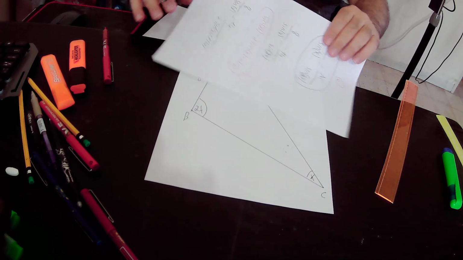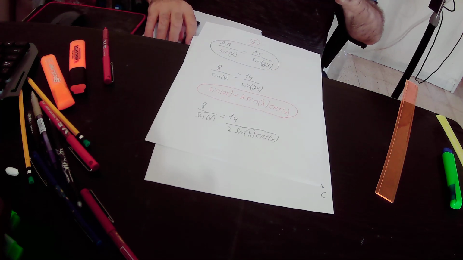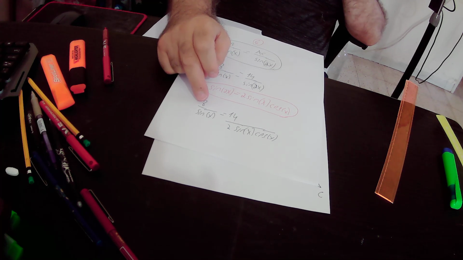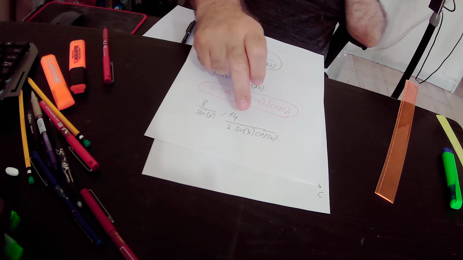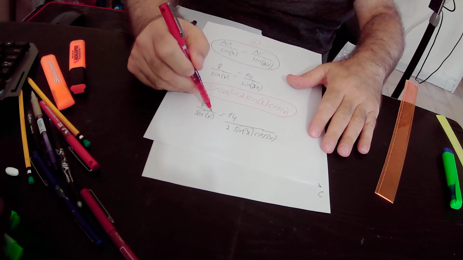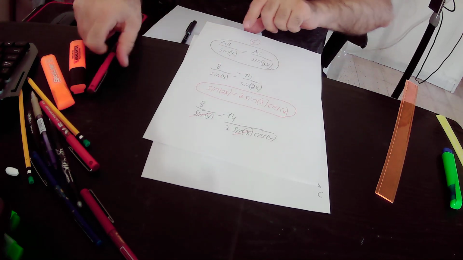So here we can cancel sine x, because we have sine x in the denominator of this side of the equation. We have sine x in the denominator of the other side of the equation, so we can cancel sine x, and 14 over 2 is 7.